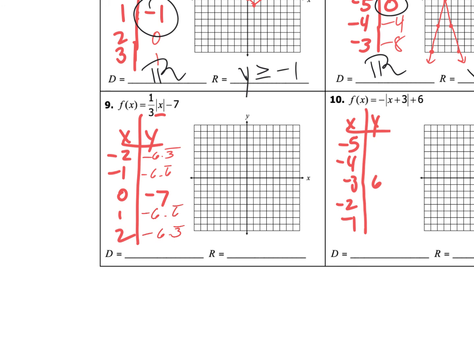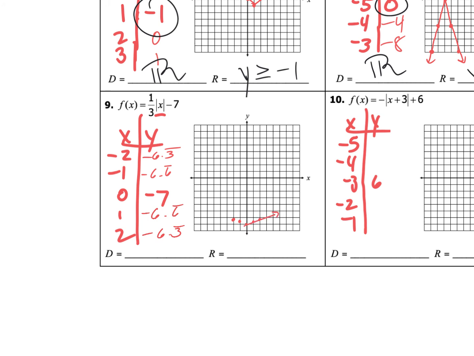So we start at negative 2, negative 6.3, negative 2, negative 1, 2, 3, 4, 5, 6, and it's a little more than 6, so right about there. And then negative 1, 6.6, so that's a little further down between 6 and 7. And then 0, negative 7, and then it just reflects.